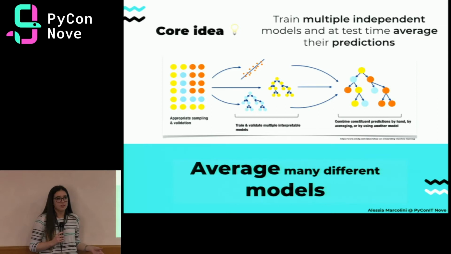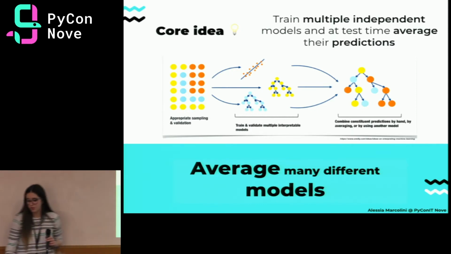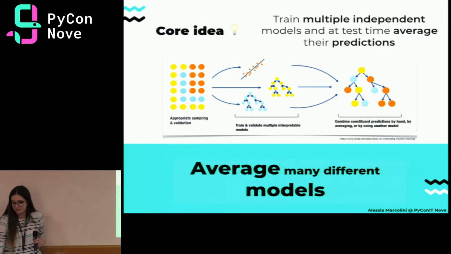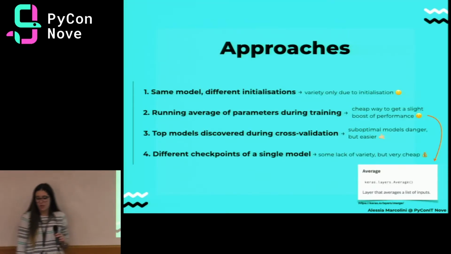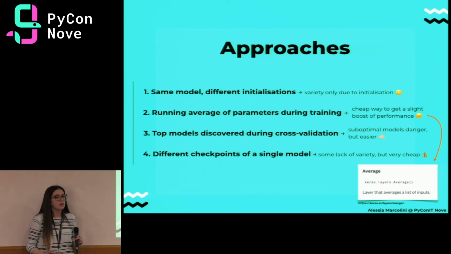As in real life, consulting a bunch of experts before taking a decision is usually a good idea. There are several approaches to build an ensemble. You can take the same model and use different random initializations.